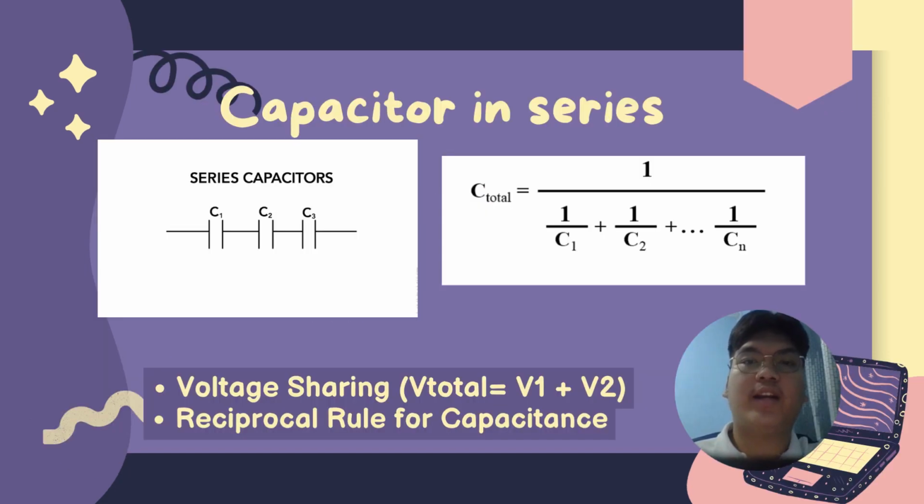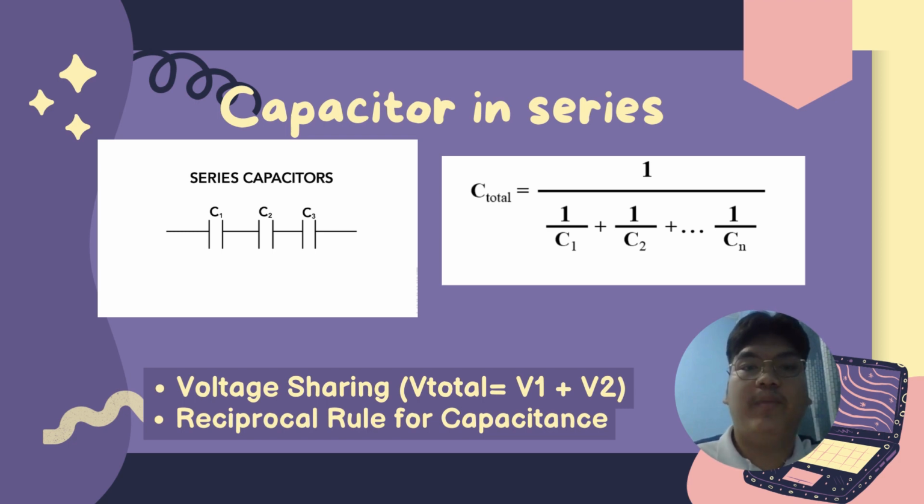When capacitors are connected in series, the same current flows through each capacitor, but the voltage across each capacitor may be different. The total voltage V total across the series combination is the sum of the individual capacitor voltages. The reciprocal of the total capacitance C total in a series combination is equal to the sum of reciprocals of the individual capacitances.